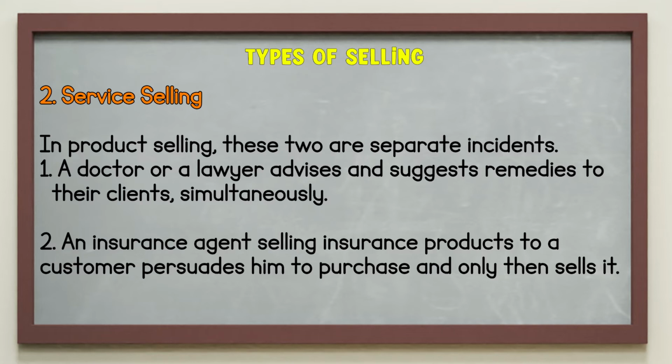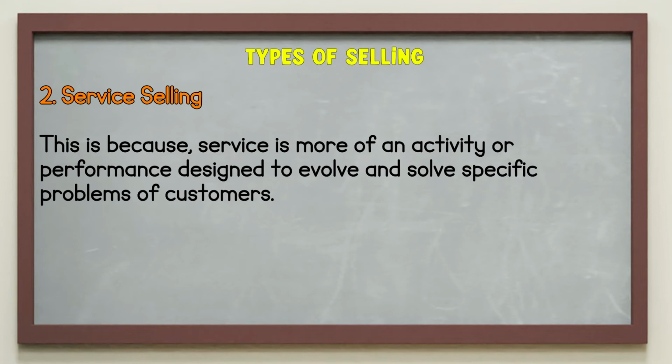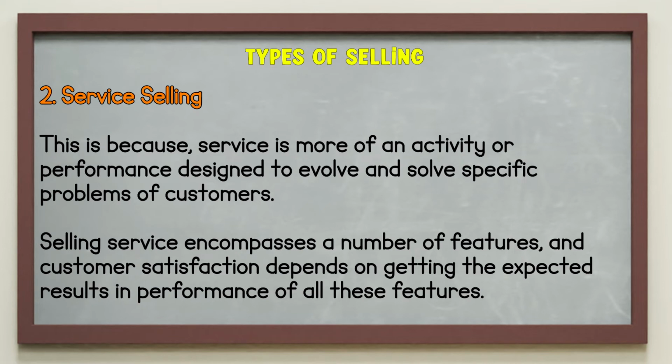This is because service is more of an activity or performance designed to evolve and solve specific problems of customers. Selling service encompasses a number of features, and customer satisfaction depends on getting the expected results in performance of all these features.